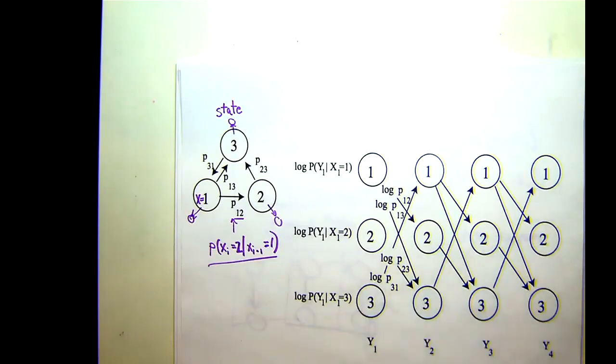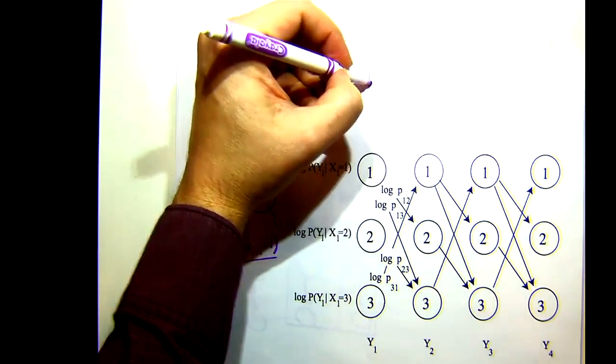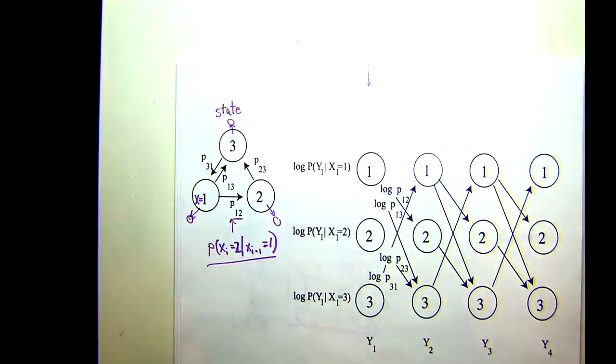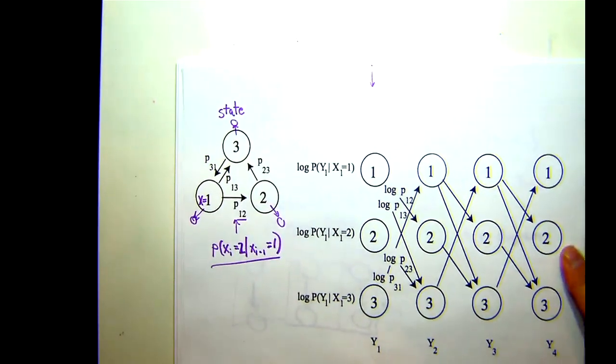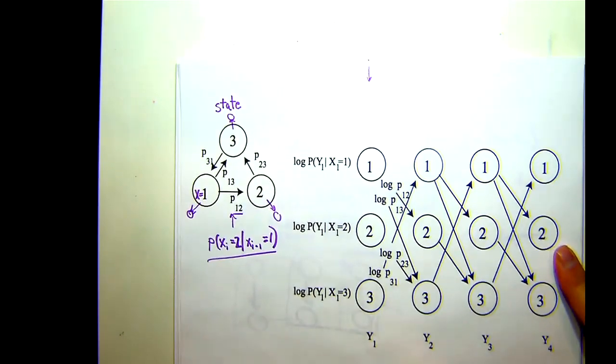This is what's going to allow us to do a dynamic program to solve this in polynomial time instead of exponential time. So basically what we did here is we unrolled a sequence of an HMM. Each one of these columns is a time step. As we go from here to here, that's time.